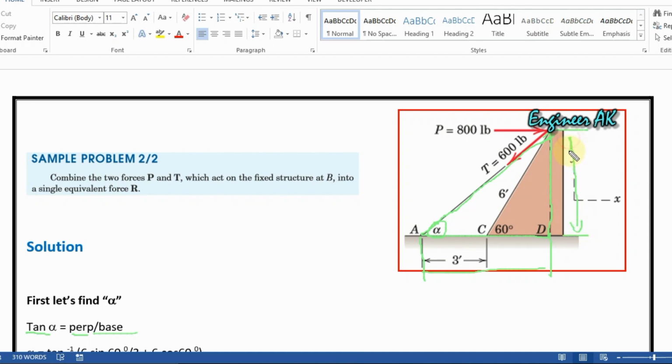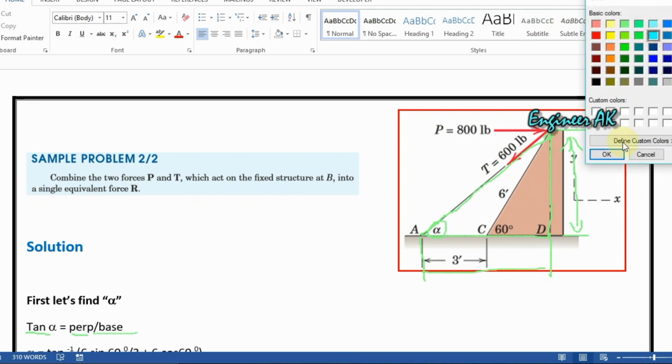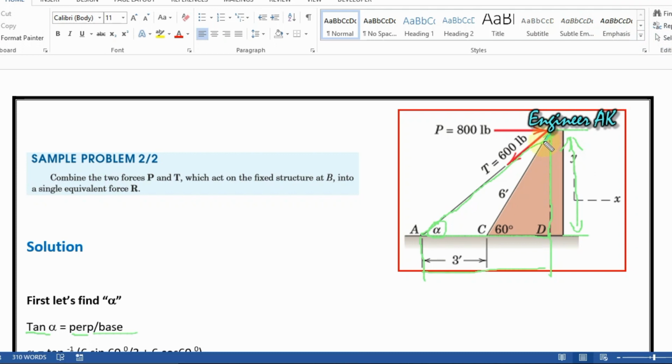Now if I want to find this perpendicular distance, I consider this triangle BCD, this middle one. Here it is making an angle of 60 degrees. If I find the perpendicular distance of this triangle, you can see that the big triangle ABD has the same perpendicular distance.